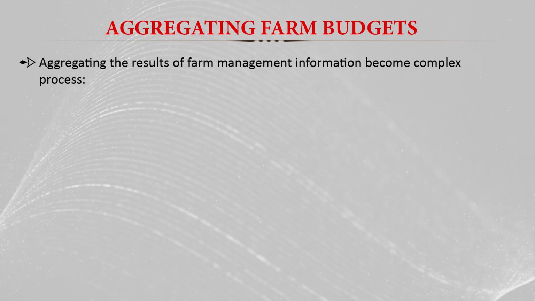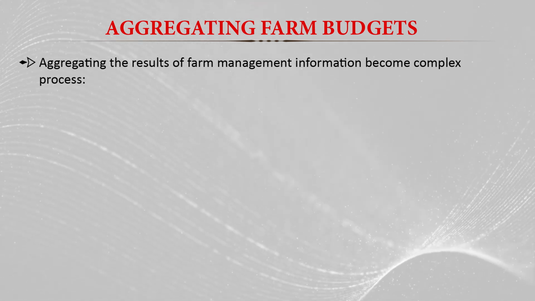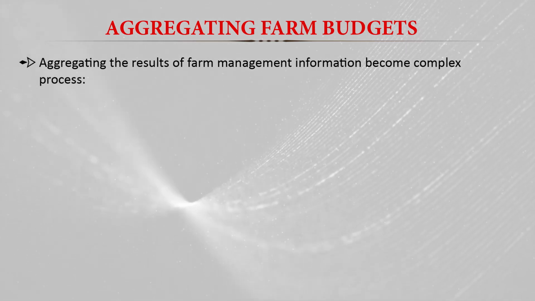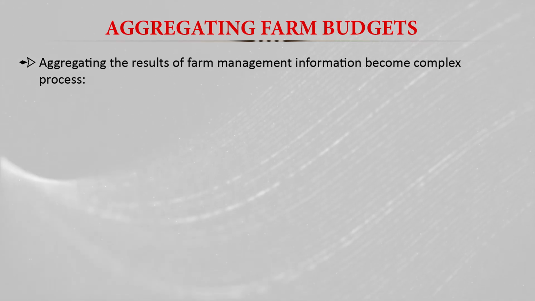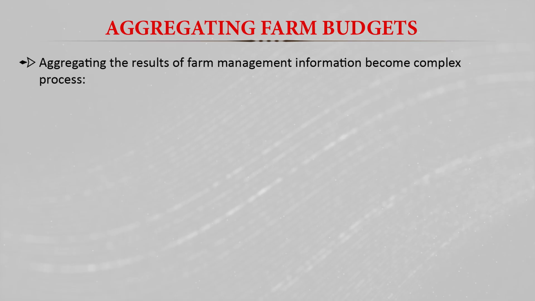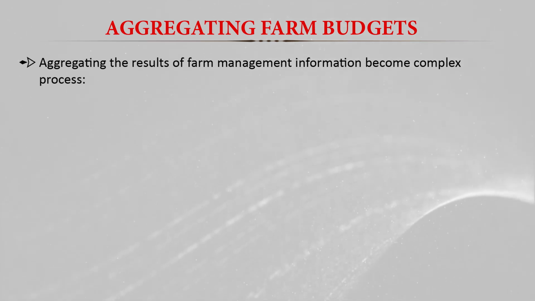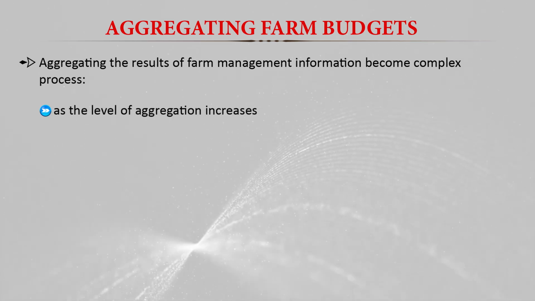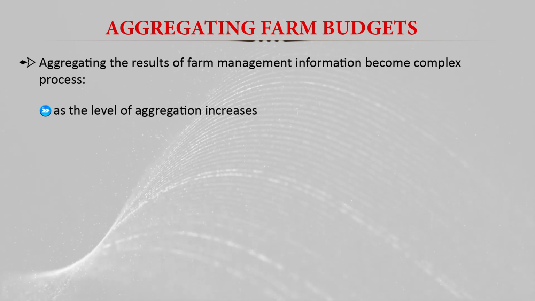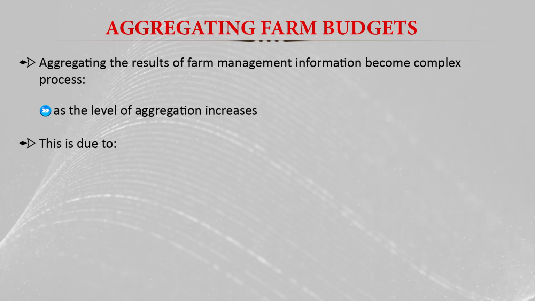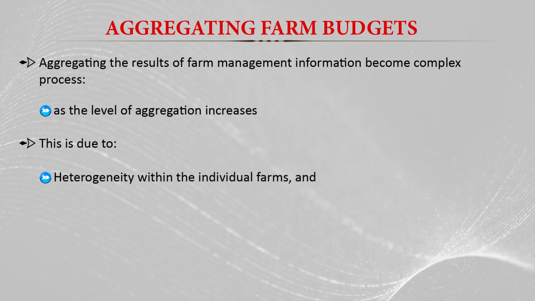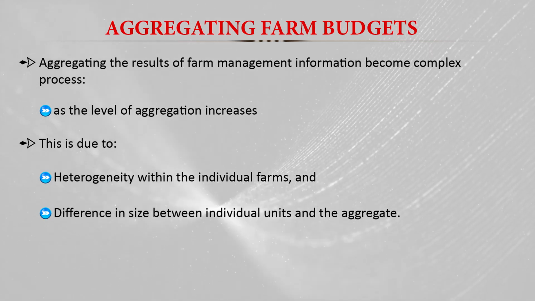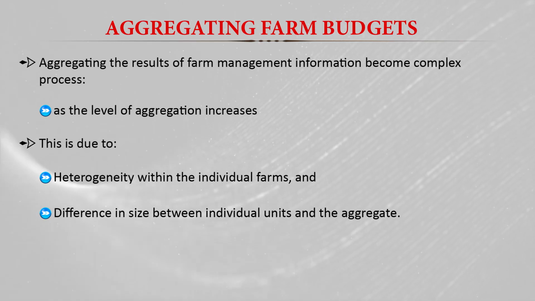Aggregating the results of farm management information becomes a complex process because we have different categories of farms, sometimes irrigated farms, unirrigated farms, small size farms, medium size farms, large size farms. The complexity increases at the level of aggregation, basically due to the heterogeneity in the individual farms, and the difference in size between the individual units and the aggregates. Also we have different categories of farms.